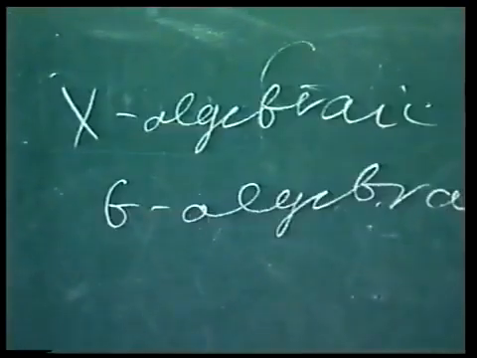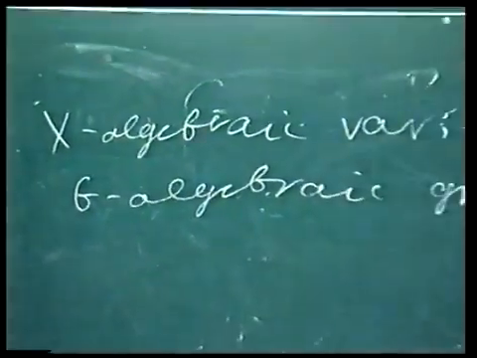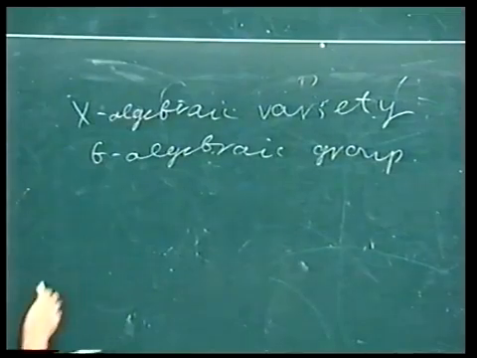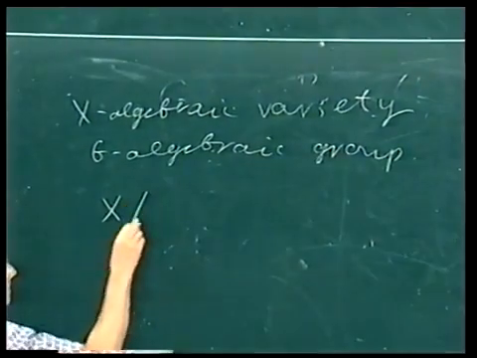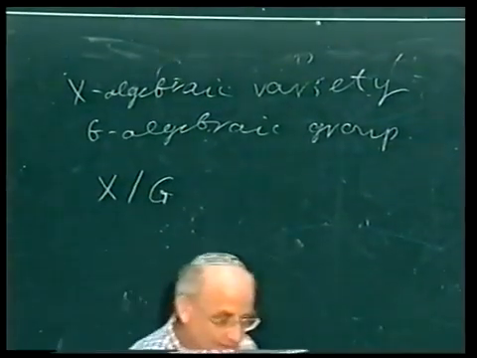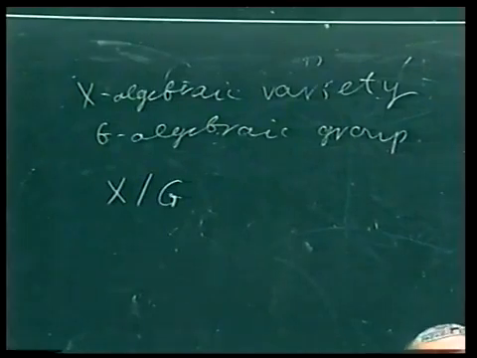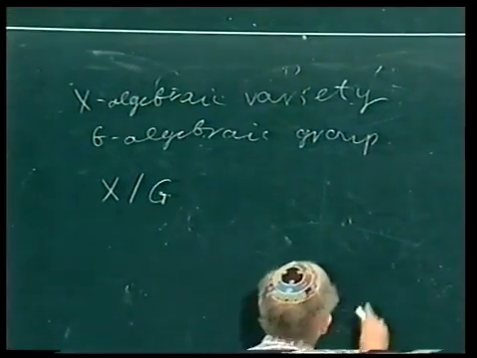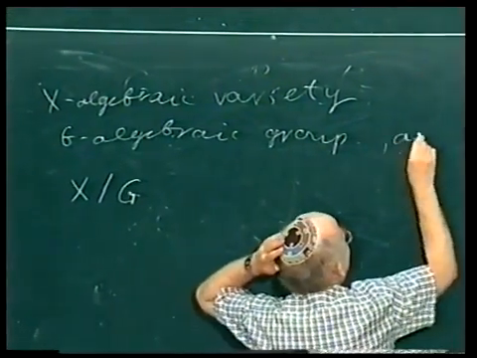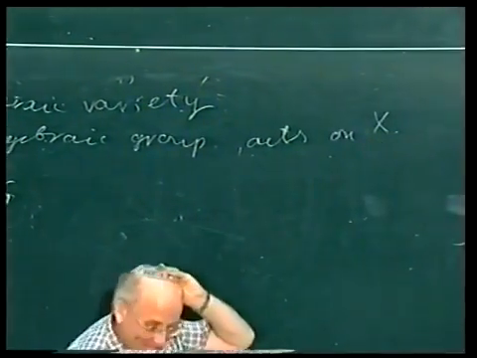So what I want to do is describe some tool for how to analyze the geometry of an object X modulo G. How to think about this?